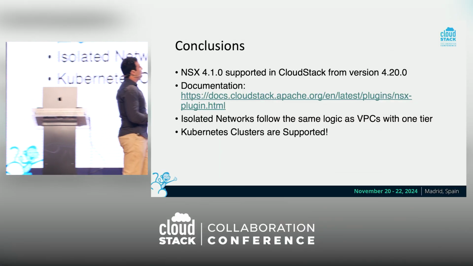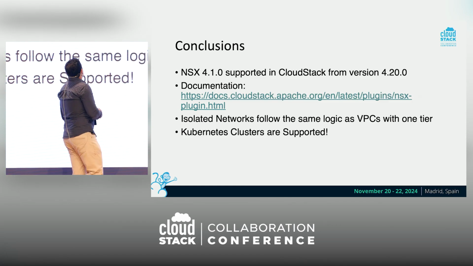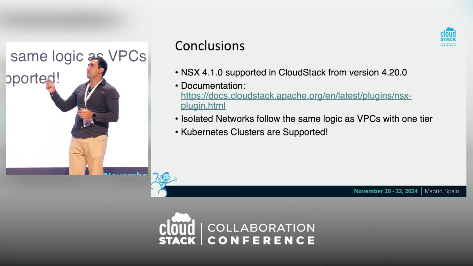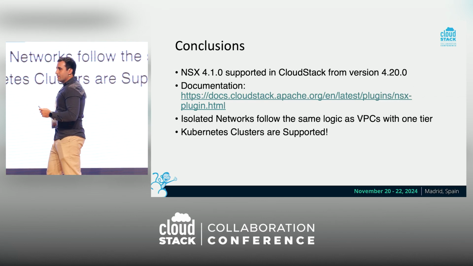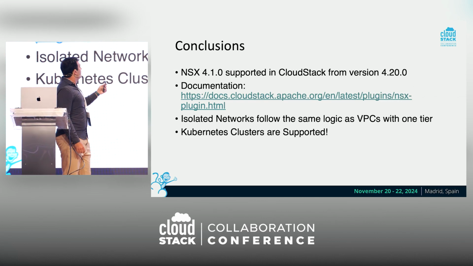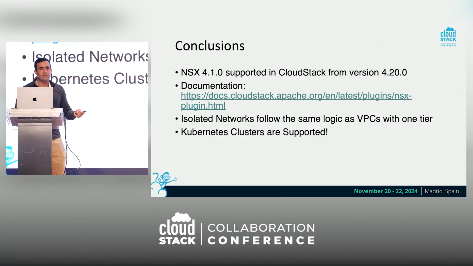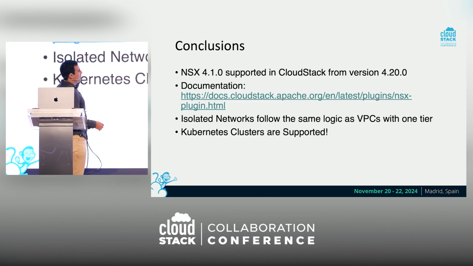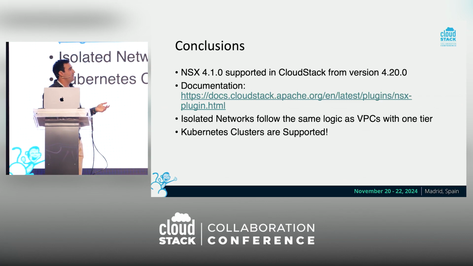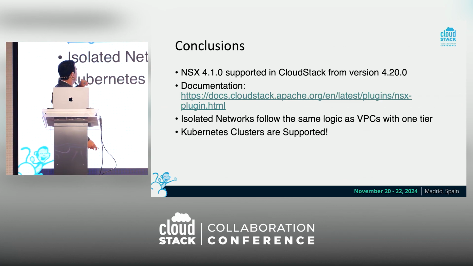So, coming to the end, we'll have support in CloudStack 4.20 for NSX 4.1. And please look at the documentation because it explains more about the services supported, the notation, and what is supported. It also explains how to create the zone as we have seen.